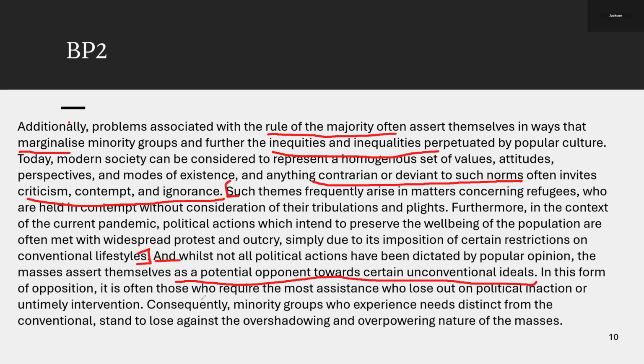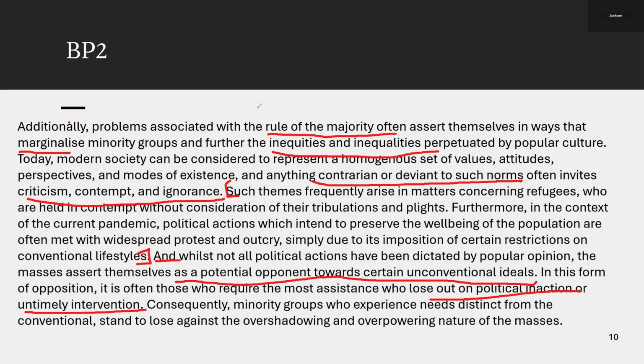And then we have this idea that they lose out on political inaction or untimely intervention. So the question is, did we talk about how it results in marginalization and inequities and inequalities? I would say not quite. There is a possible mechanism of how inequities and inequalities might be produced, but there is no clear linkage.